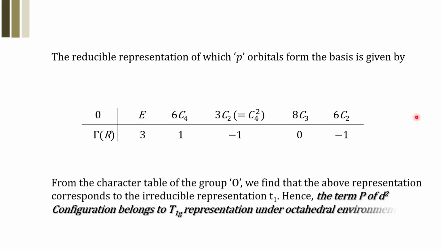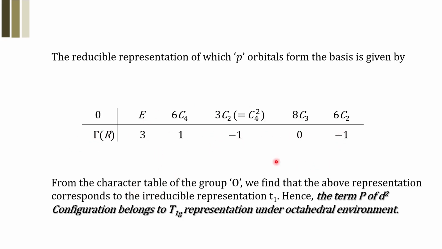From the character table of the group O, we find that the above representations correspond to irreducible representations, and hence the term P of the d2 configuration belongs to the T1g representation under the octahedral environment. So what we have to do is simply see whether 3, 1, -1, 0, 1 is there somewhere in the irreducible representations; we need not go for the standard reduction formula.